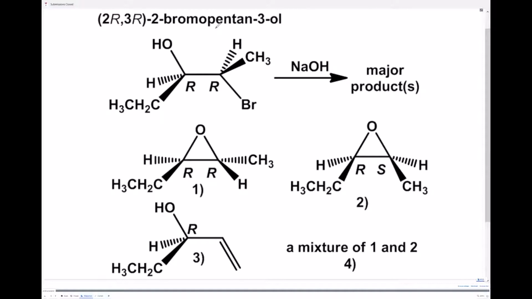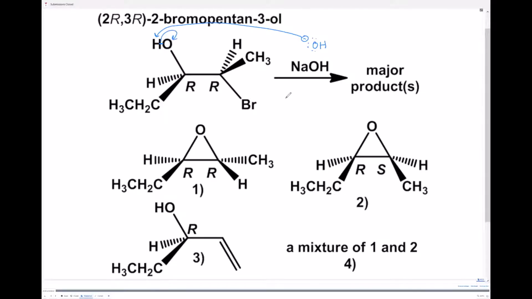So what's going to happen initially? You deprotonate the OH group. So we have hydroxide. We're going to deprotonate the alcohol.